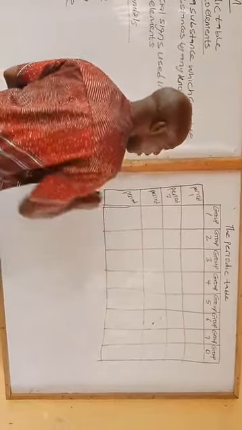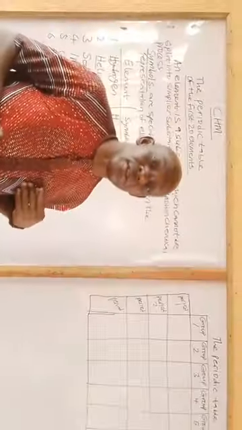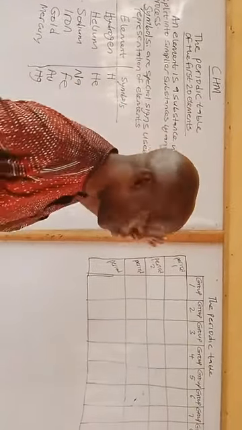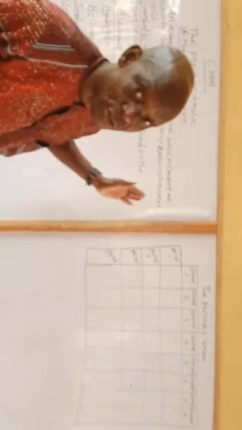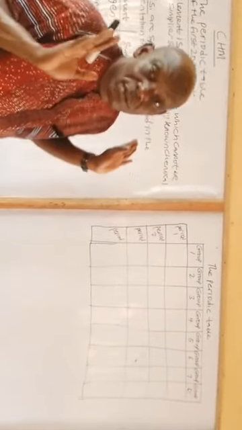So they may ask you in any of your exams, how many periods does the periodic table of the first 20 elements have? 4 periods. And how many groups? 8 groups. That's a common question. That's one of those things we are talking about.